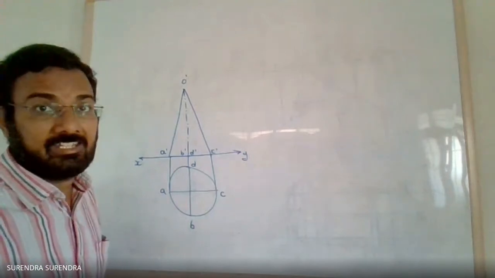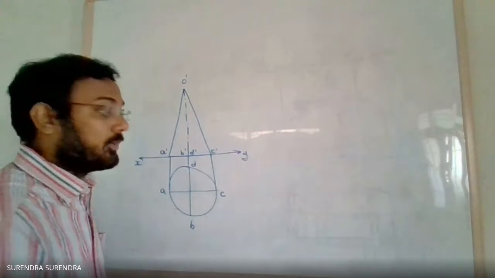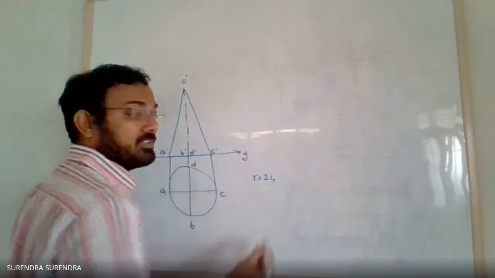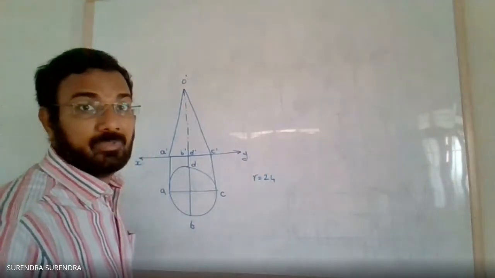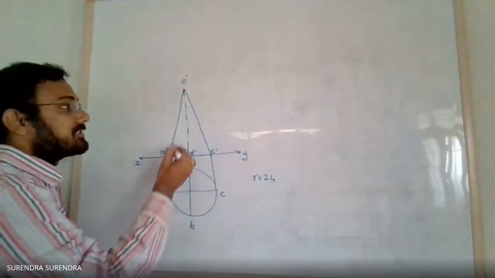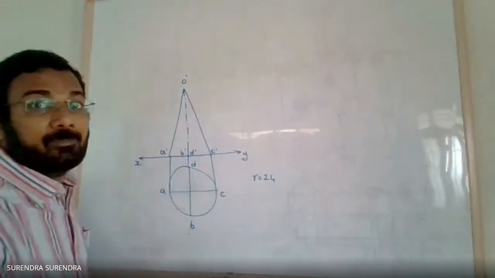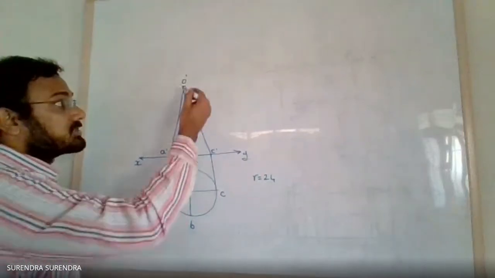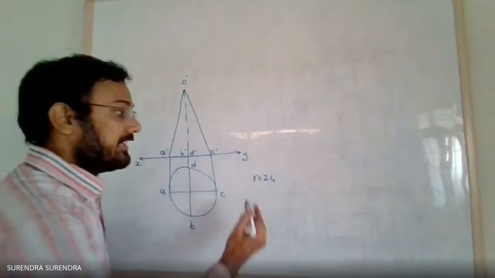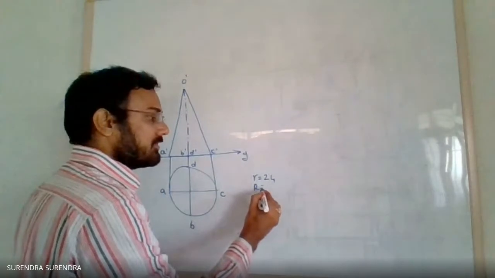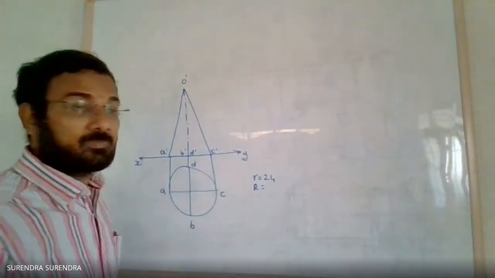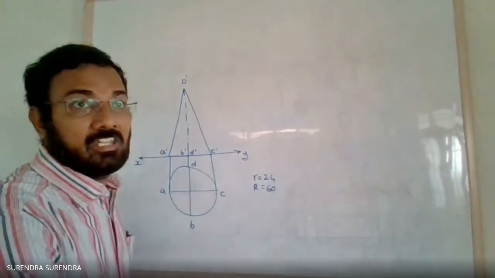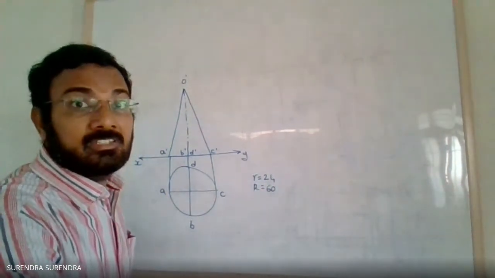Diameter is 48 mm, so radius equal to 24 mm. Measure the distance O dash to A dash, means the generator length. Mark this length equal to R. So for this problem, we'll get this value around 60 mm.